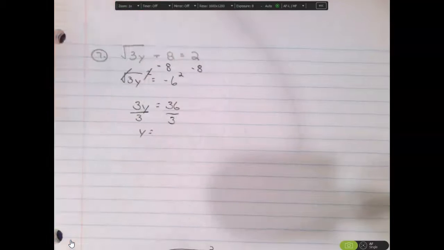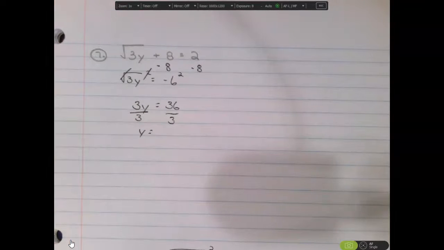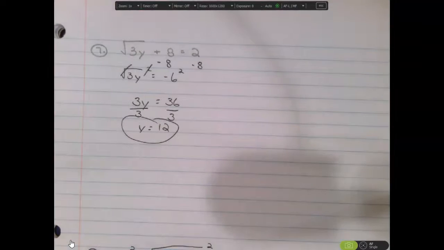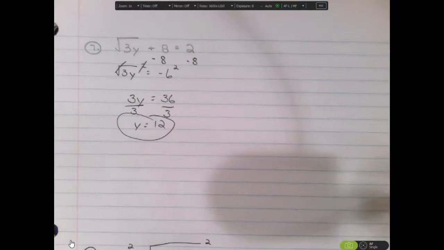So when I divide by 3, y is equal to 36 divided by 3. It's going to give you 12. So y is equal to 12. Now, this is why, guys, on every one of these problems, it's very important that you go back through your work and you check it. Because, hey, we just got the answer y equals 12.